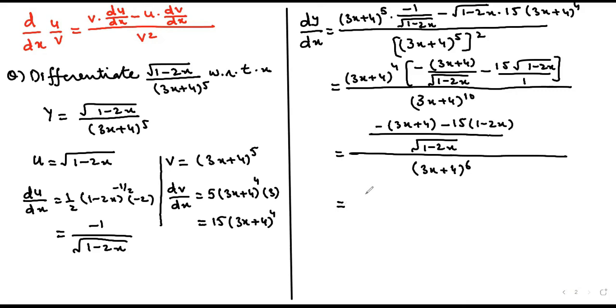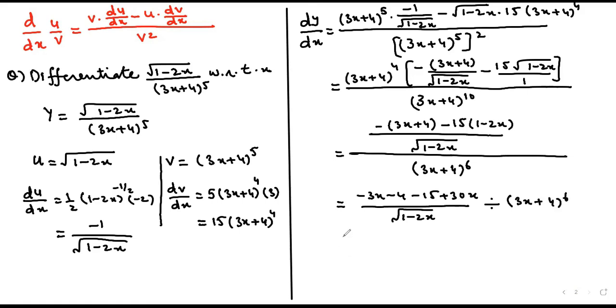Now, this one is minus 3x minus 4 minus 15 plus 30x over under root (1 − 2x). We will write down division sign at the place of main fraction divided by (3x + 4) power 6.